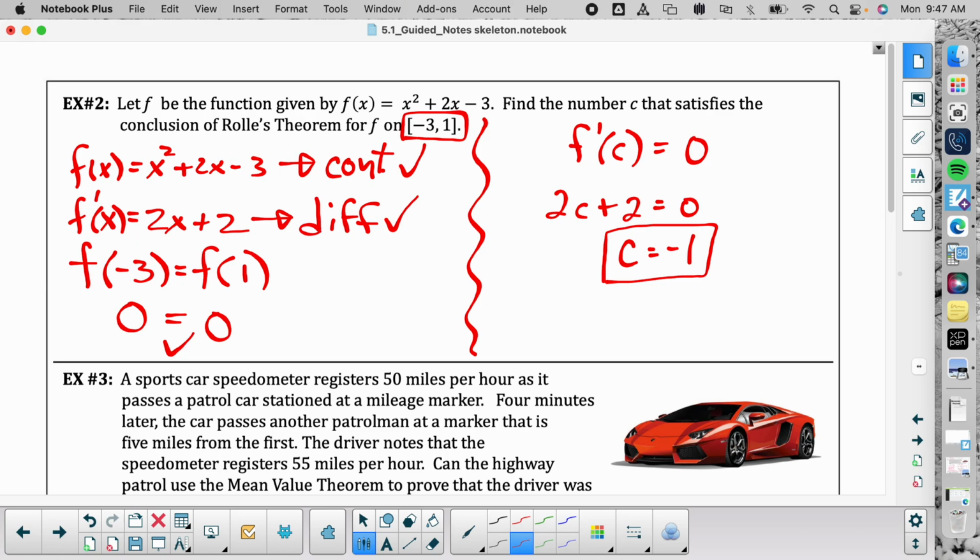At x equals -1, oh yeah, it has a slope of 0. But they would like us to find the c value that makes the theorem true, so we write it as a c instead of an x. Just go with it. Basically, you're writing a c instead of an x.